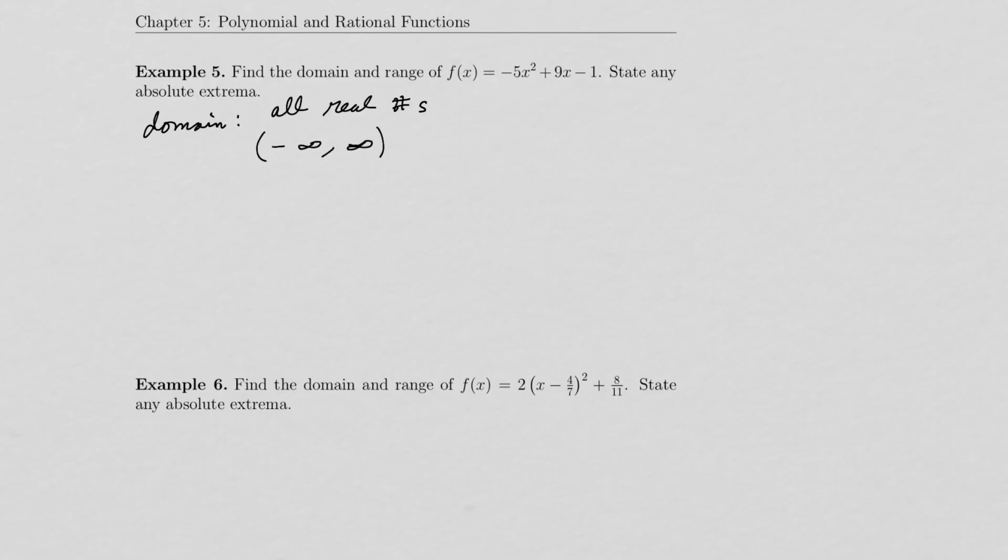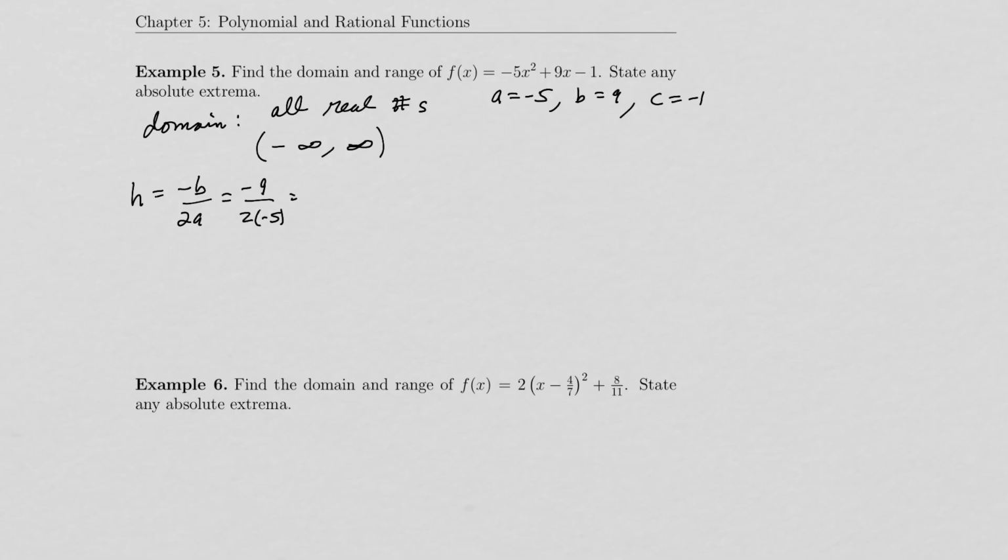Right, that's the domain. For the range, well, I need to figure out what k is, right? So let me first find h. So this is in general form, right? I want to find h, but that's always going to be minus b over 2a. In this case, a is negative 5, which actually tells us it opens downward, right? b is 9, and c is negative 1. So I have negative 9 over 2 times negative 5.